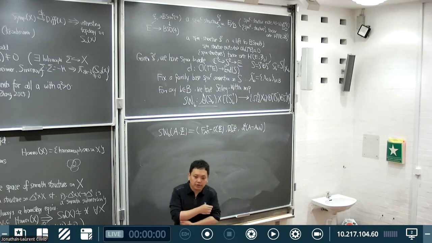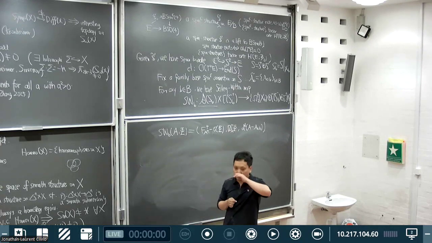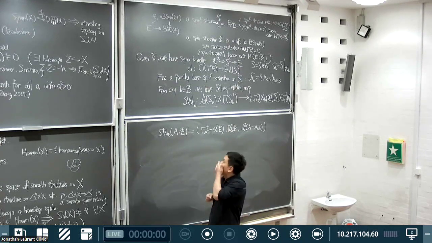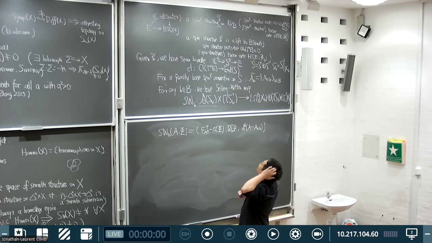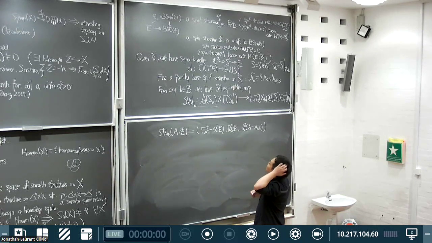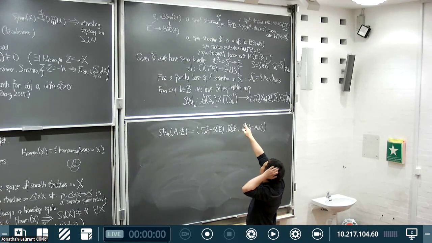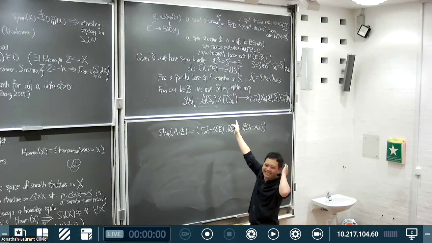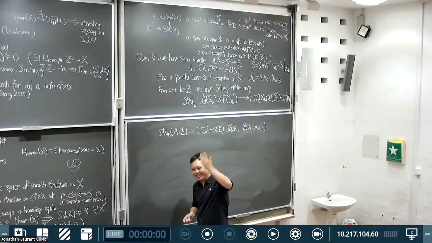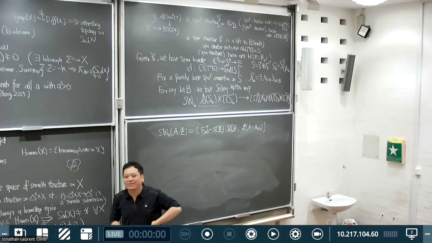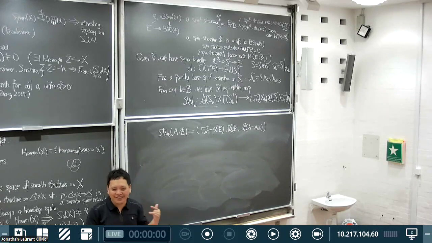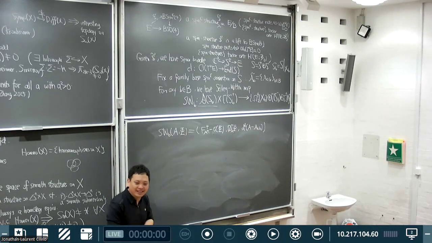We just care about the connection. Oh, okay. That's right. So a family-based spin C connection on S is really not a connection on S. You just care about the covariant derivative in the fiber direction. You don't care about the covariant derivative in the base direction.